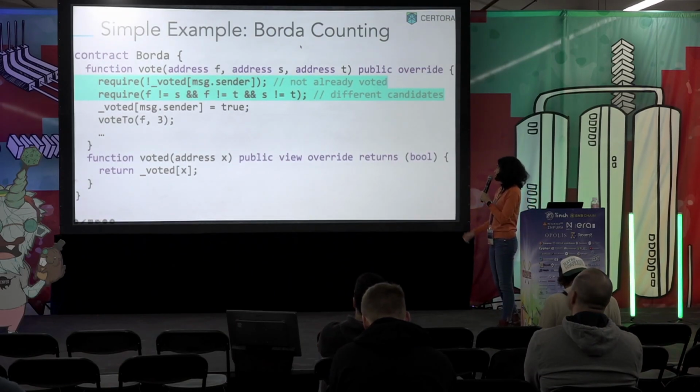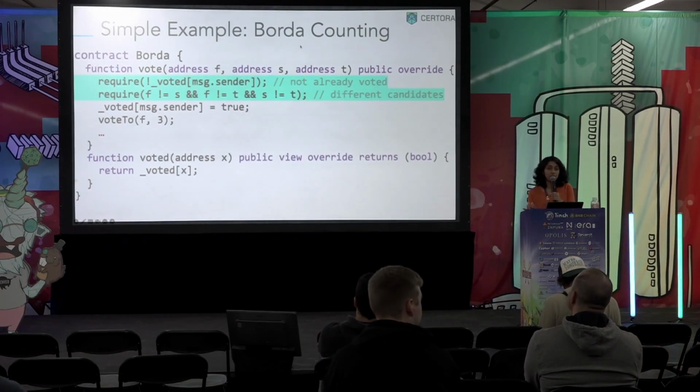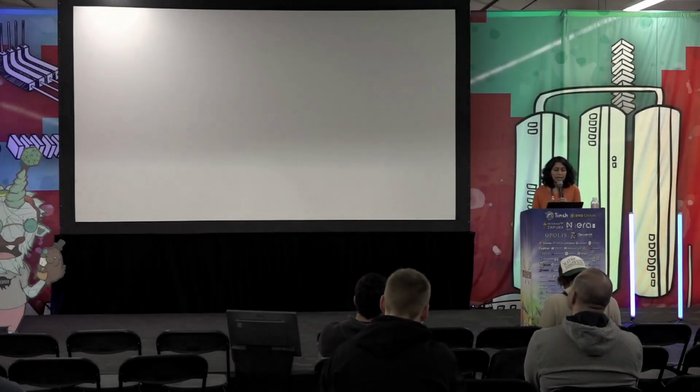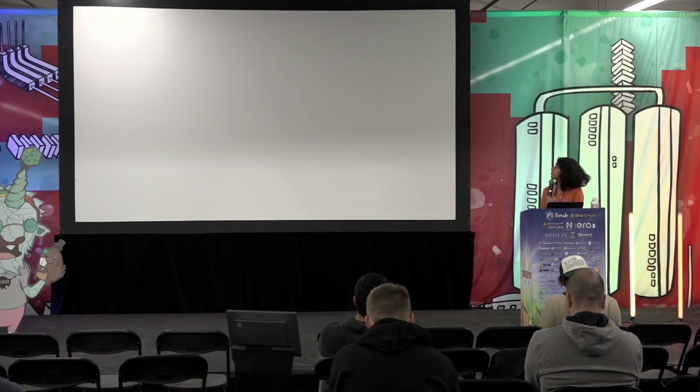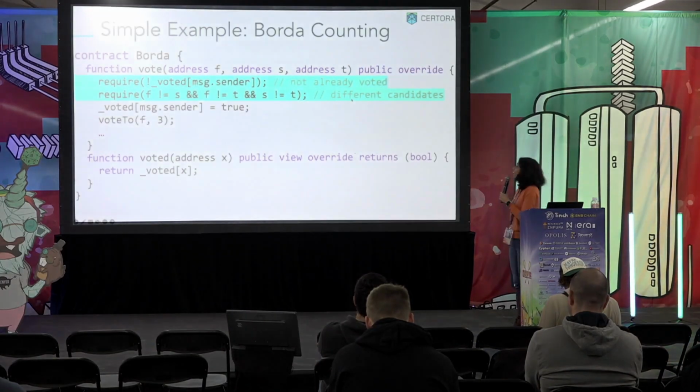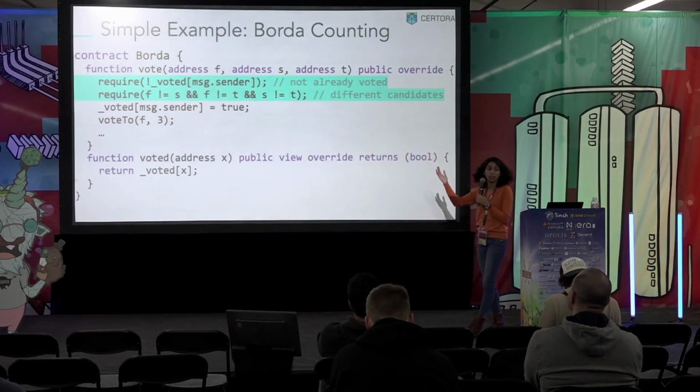The first one says that the message sender should not have already voted, right? And the second one says that the candidates should all be different.